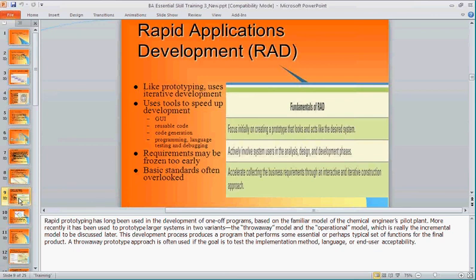No, right? The chances are only 50%. So the chances are that it will be a hit or a miss. If it's a hit, then it's an operational model, something that you can use. If it is a miss, then it is a throwaway model. Meaning to say that you learn from this model what worked, what did not work, and you go into another iteration. Yes, no, maybe. This is called rapid application development. Okay?